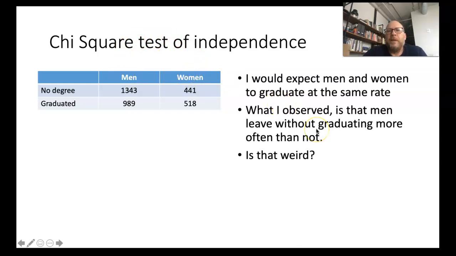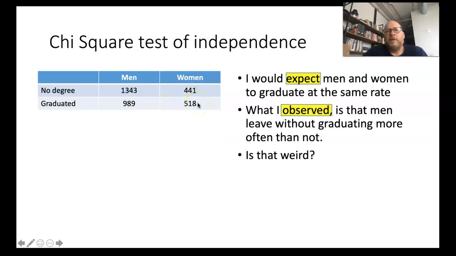Now, basically, what I'm going to start with is I would expect men and women to graduate at the same rate, barring no other information. I don't know that much about this. But then when I observed this and I saw this, it looked very different to me. Men were more likely to leave without a degree.